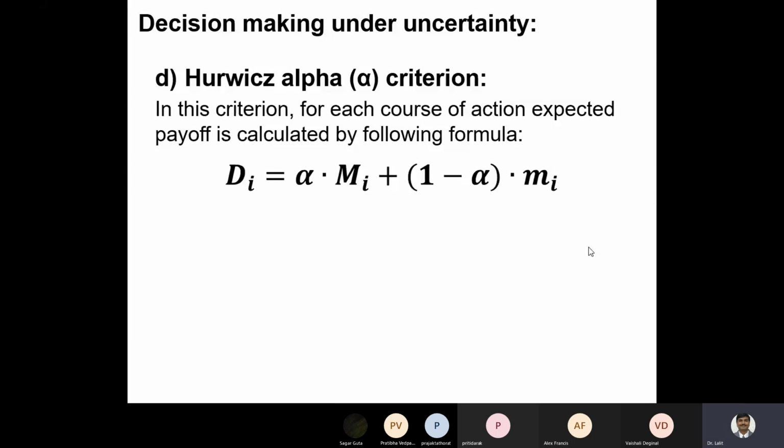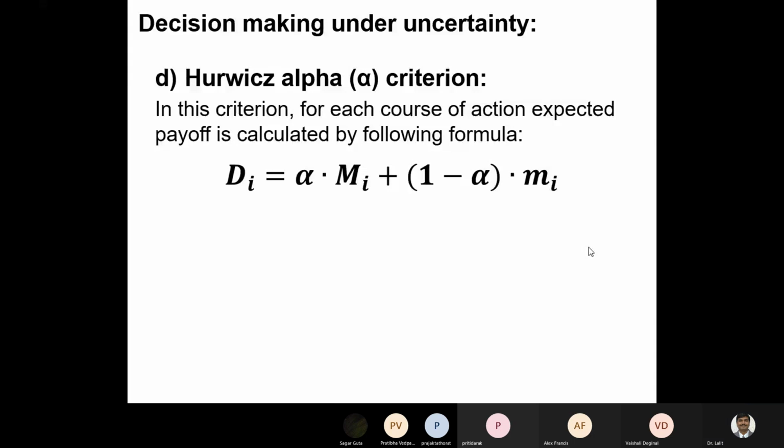In percent, 60% optimism is equivalent to 0.6, because a percentage is basically a fraction, 60 upon 100. So 60% is the degree of optimism, which means the alpha value is 0.6. So the degree of pessimism would be 0.4, that is, 1 minus alpha.